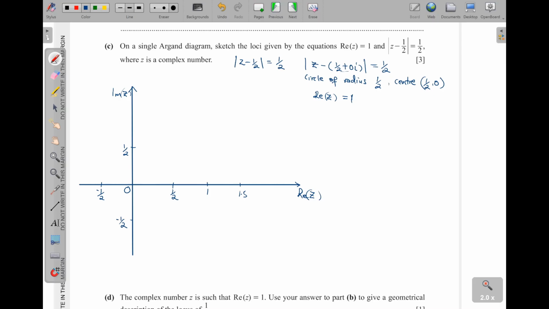Now the center is a half zero, so a half zero is here. Then after that the radius is also a half, so I move this way a half, I move up a half, then down I also move half, and then here half.